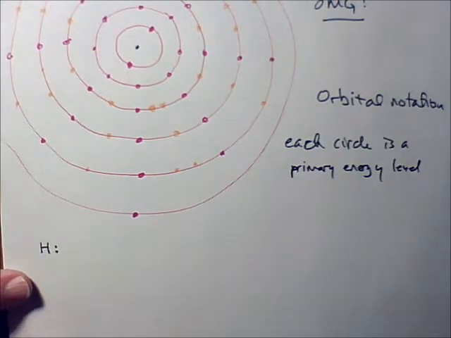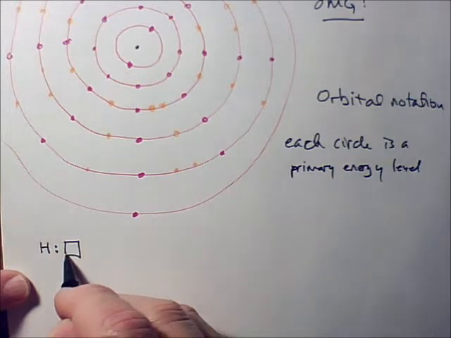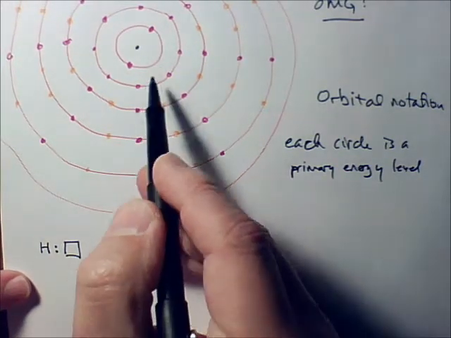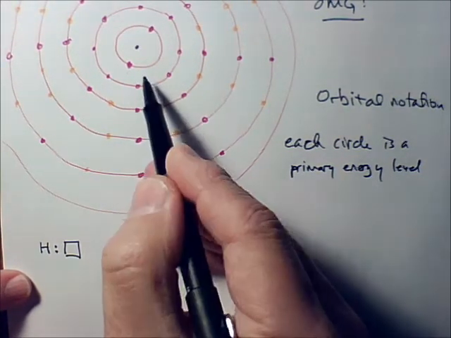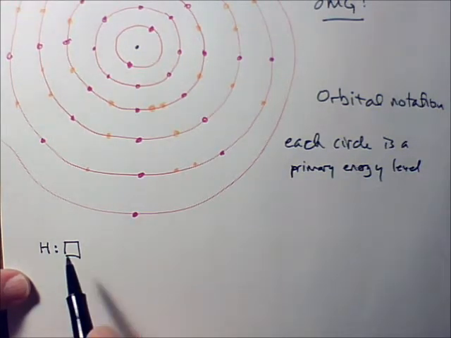And we're going to subdivide those energy levels into sub-levels, and then subdivide those sub-levels into orbitals, and figure out how it all works. So this first energy level here only has one sublevel.